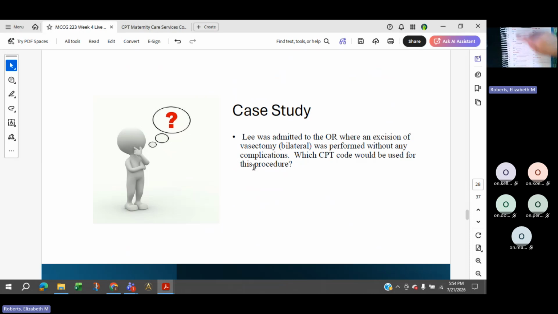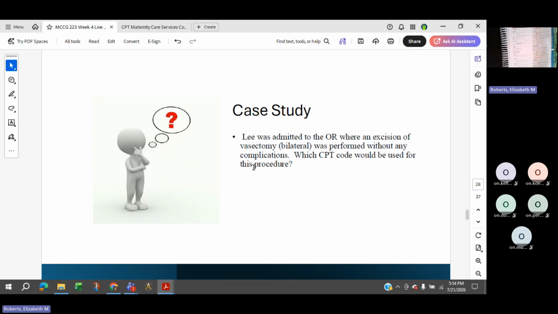You have scrotum, and then there are only 3 different types of procedures: incision, excision, or repair. The vas deferens, there's only 4 different things. We can incise them, excise them, an introduction procedure, or repair, right? Same thing for spermatic cord, excision or laparoscopy, seminal vesicles, incision, excision, and that's it, right?